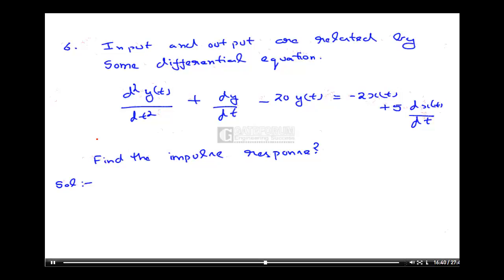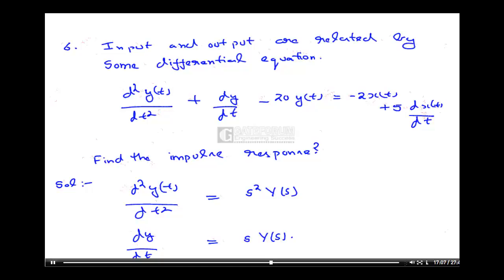Now, we have to use the differentiation property of the Laplace transform to convert this differentiation term into a multiplication term. Okay, I can substitute d square y(t) by dt square equal to s square into Y(s), dy by dt is equal to s into Y(s), dx(t) by dt is equal to s into X(s).